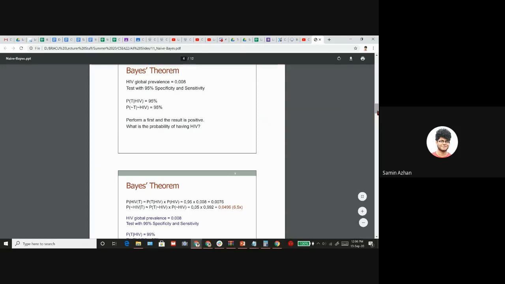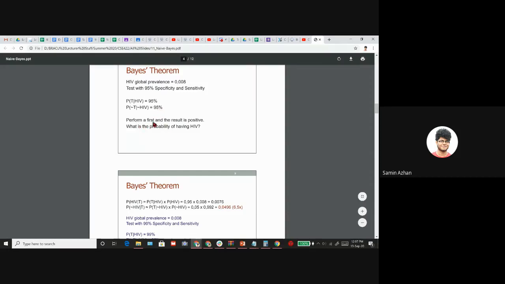It's saying that the global probability of HIV is 0.008, and in this case, test and HIV positive are the two variables. The probability of the test being positive given HIV is positive is 95%, and the probability of the test being negative given HIV is negative is also 95%.